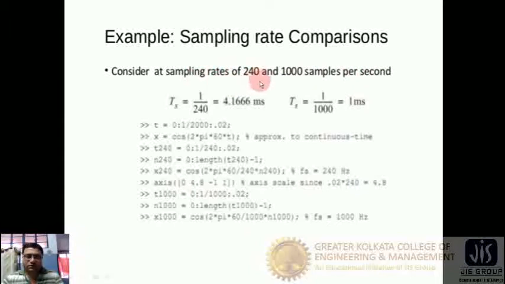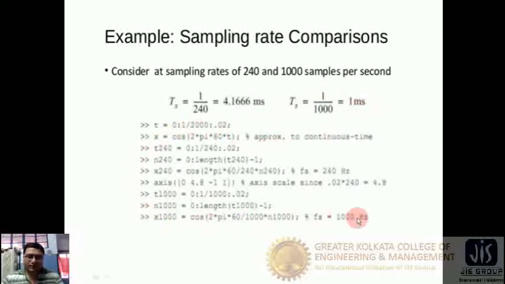First one is 240 samples per second, and in the second case it is 1000 samples per second. So we can get the sampling time, that is Ts. For the first case it is 4.166 milliseconds, and for the second case it is 1 millisecond.